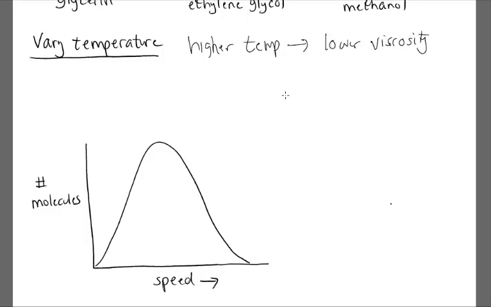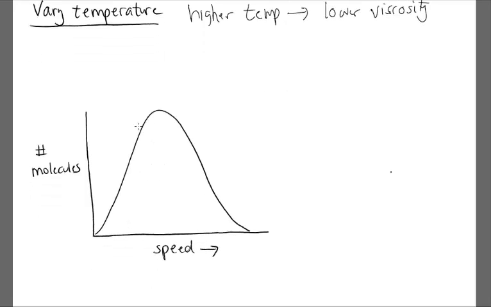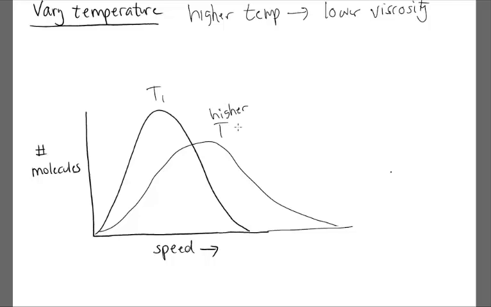But how can we explain that in terms of molecules and speed? We can do that by looking at a speed distribution for a certain temperature, T1, and then look at the distribution for some higher temperature. Remember, it gets broader and the average becomes higher. So we'll say that's higher T for this one.